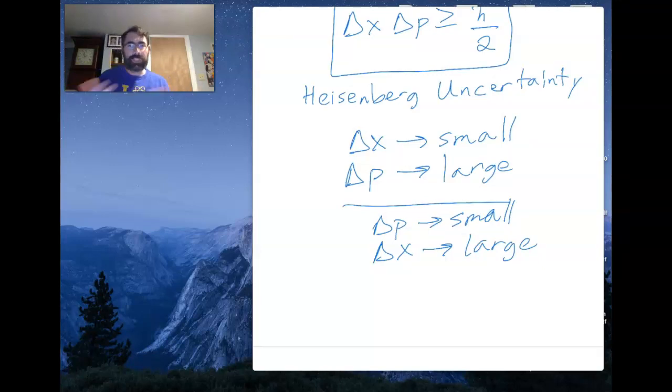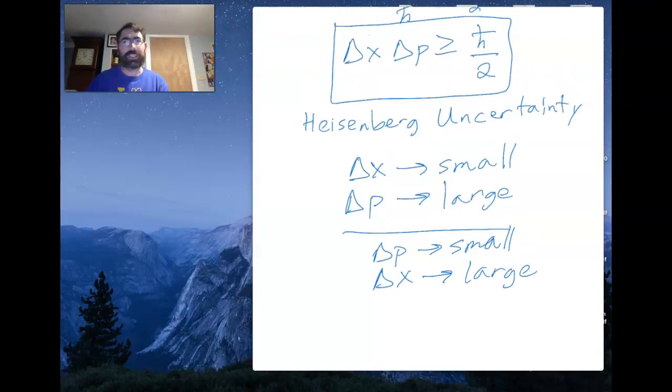They play off each other because the right-hand side of this equation is a constant. So one goes down, the other one has to go up. We're left with this push and pull: we can do a measurement where we know the position really well, but we've lost information about the momentum. Another way of saying it is that there's a large range of momenta available to describe this problem.